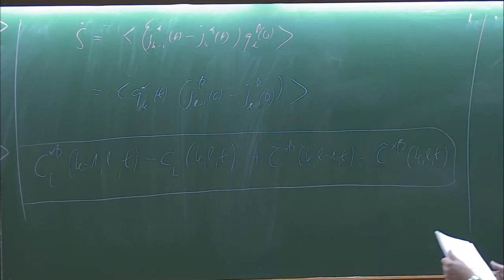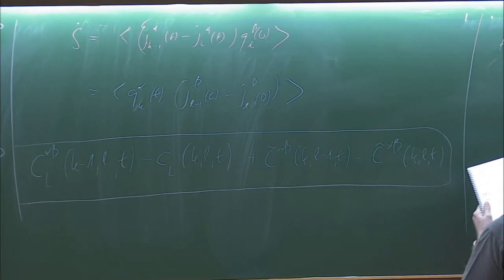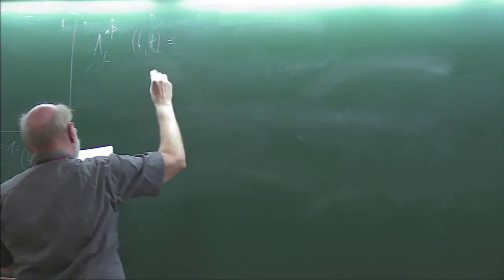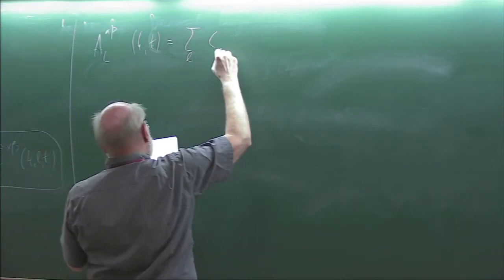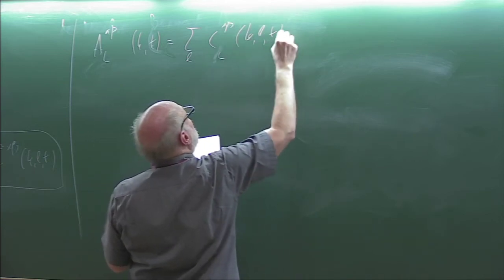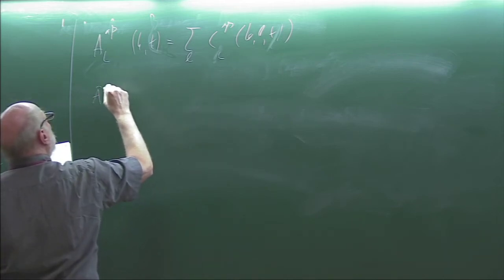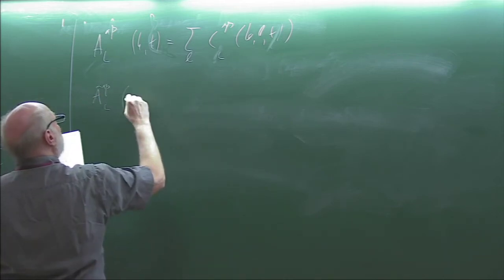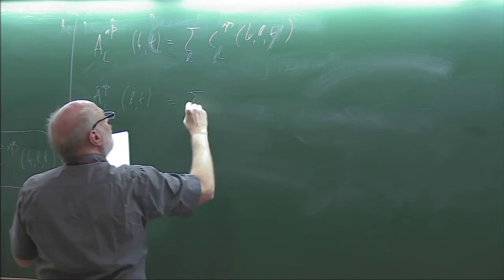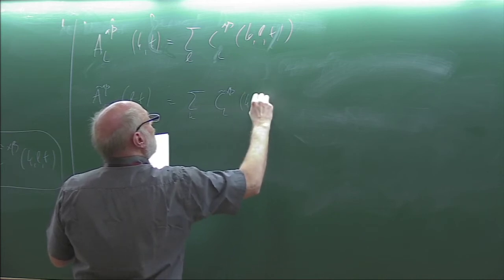So first of all, let me look at the total charges. Let me introduce A_L^{αβ}(k,t). It's just a summation over l of C_L^{αβ}(k,l,t), and the analogous quantity with the tilde, which is the sum over all k of C tilde^{αβ}(k,l,t).